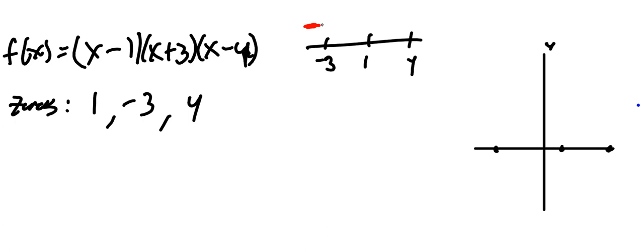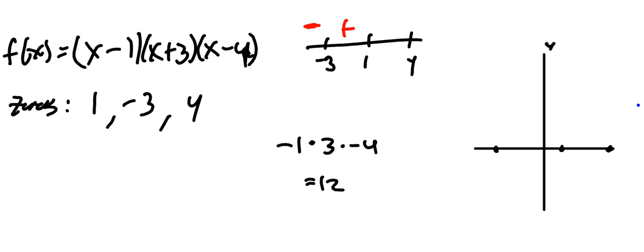Now let's find a number between negative 3 and 1 to plug in. Let's plug in 0, probably an easy number. Negative 1 times 0 plus 3 is 3, times 0 minus 4, which is negative 4. This is equal to 12. So over this interval, it's increasing.